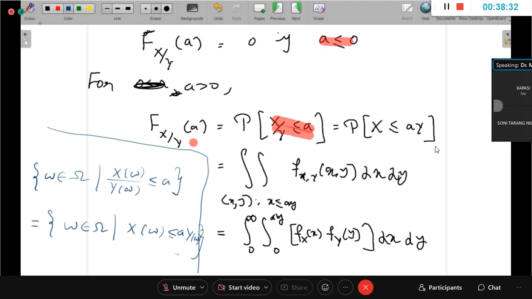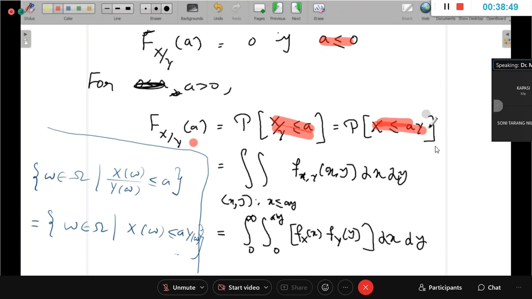So it is perfect to write this as X less than or equal to AY. It's no problem.